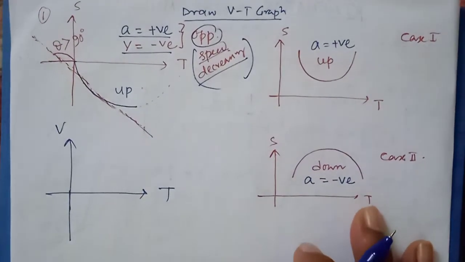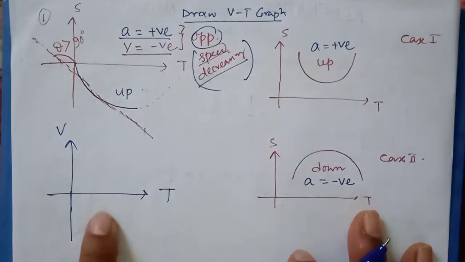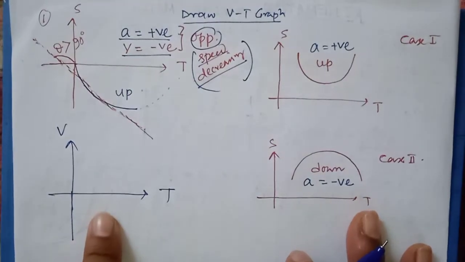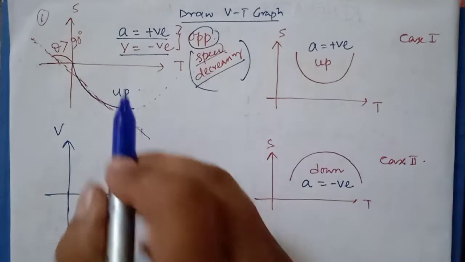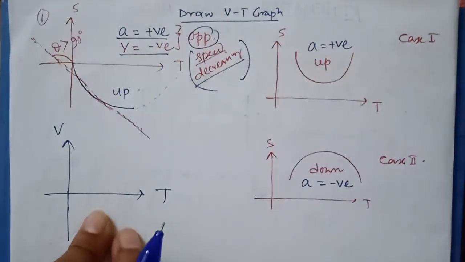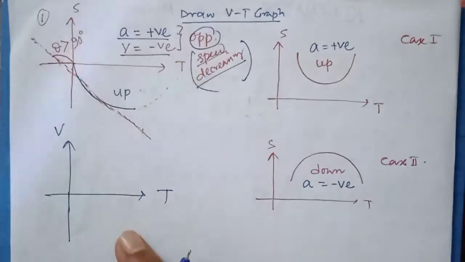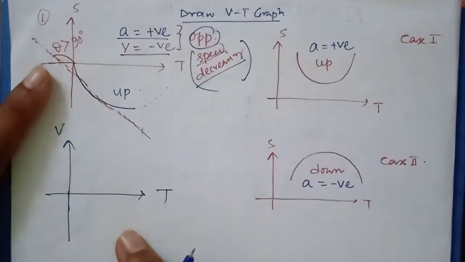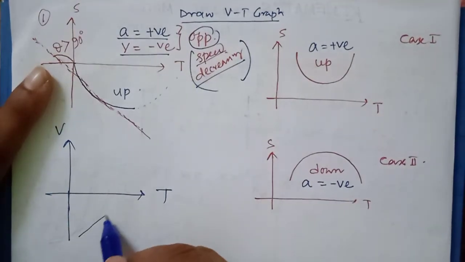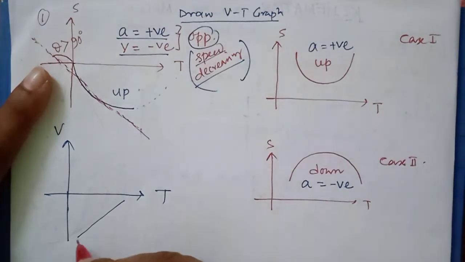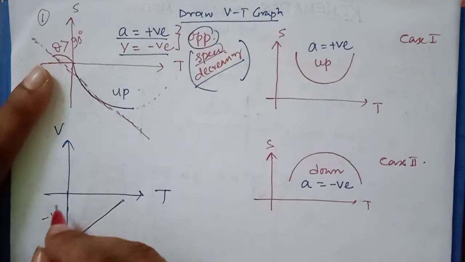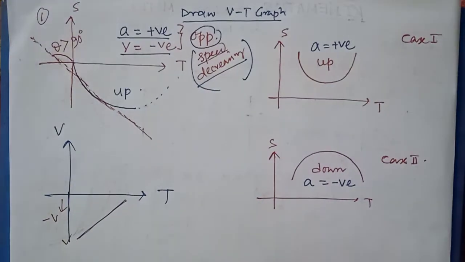For the VT graph, V is negative, so the graph will be in the negative quadrant, no doubt, because velocity is negative. And speed decreasing means slope decreasing, so you can draw like this. So the graph will be like this. So this is negative V, right? Am I right, students?